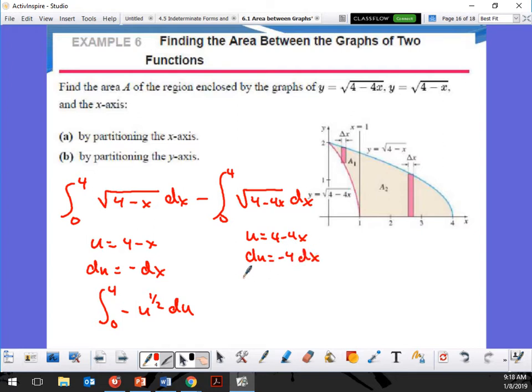So I'm going to have minus integration of negative 1 over 4 of u to the 1/2 du. Yes? Oh wait, 0 to 4.